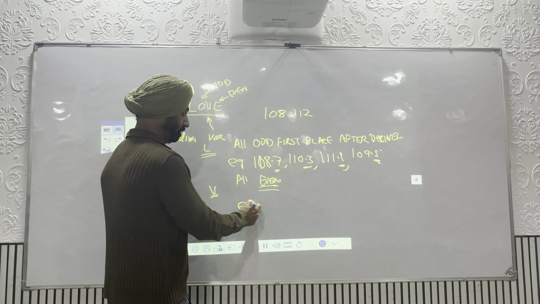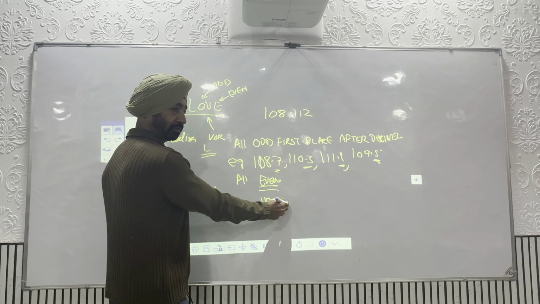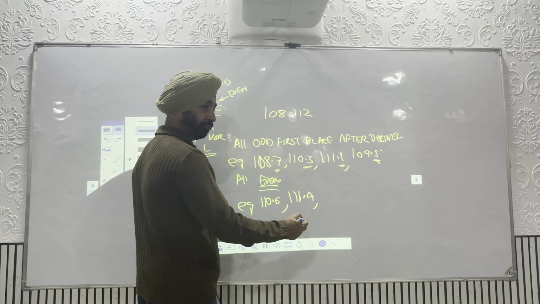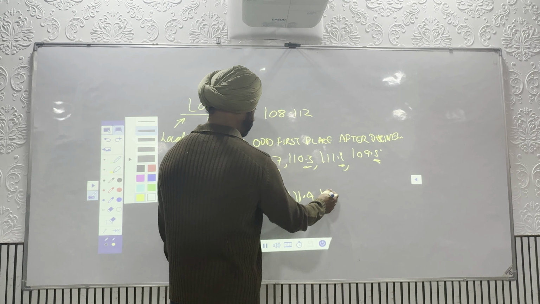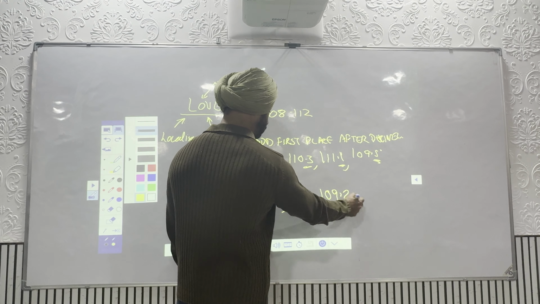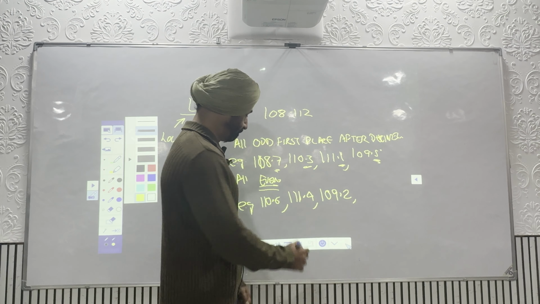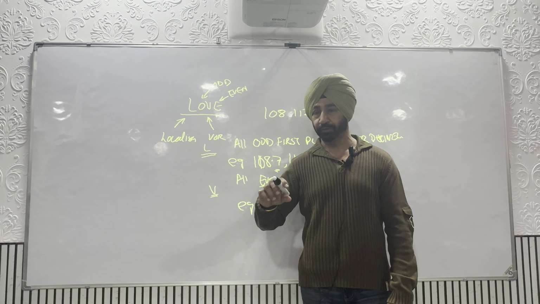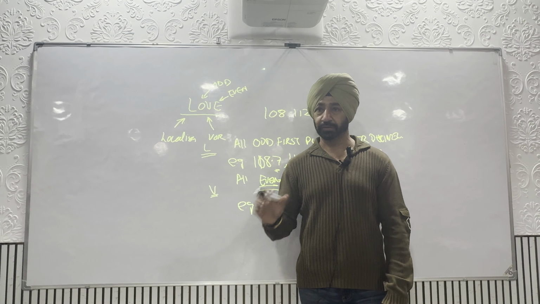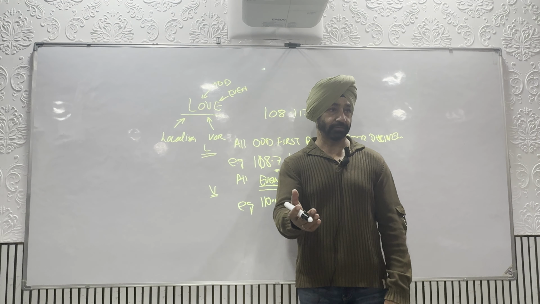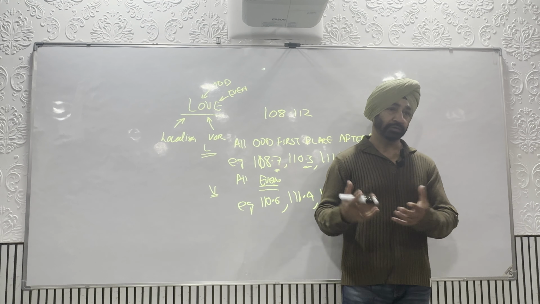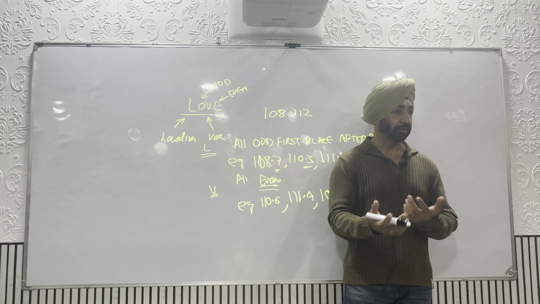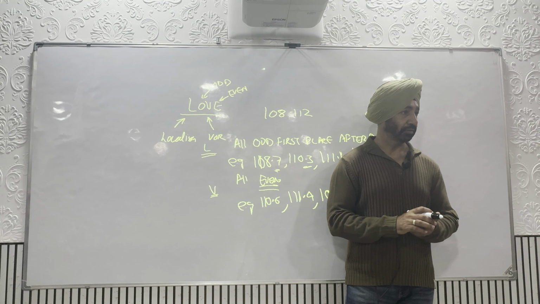For example, 110.6, 111.4, 109.2. They are all even in the first place after decimal, so they are for VOR. So the equipment is also designed in the same manner. If you tune odd, it is for localizer, and if there is a localizer transmitter on the ground, it will start receiving the signal. If you tune even frequency, it will tune on to the VOR.